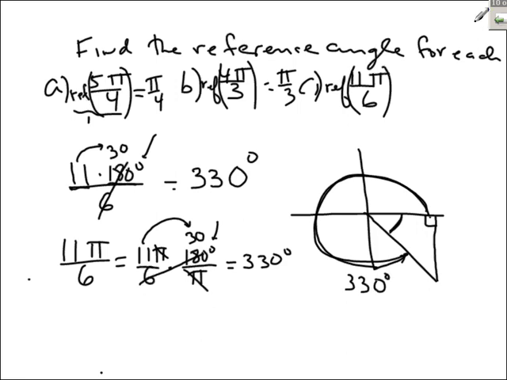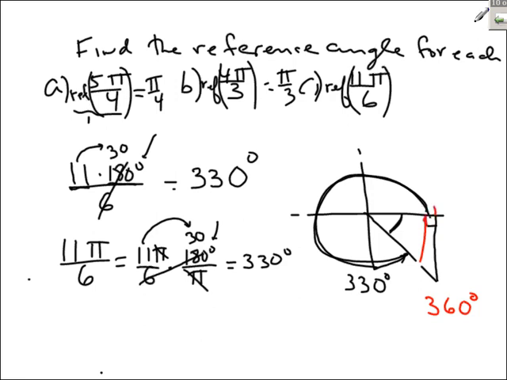Now, let's make a slight mistake. If I go this amount, I win 360. Okay? And then, if I take away the part I don't want, because I only want that angle inside the triangle, if I take away this portion of the angle, I get exactly what I want.